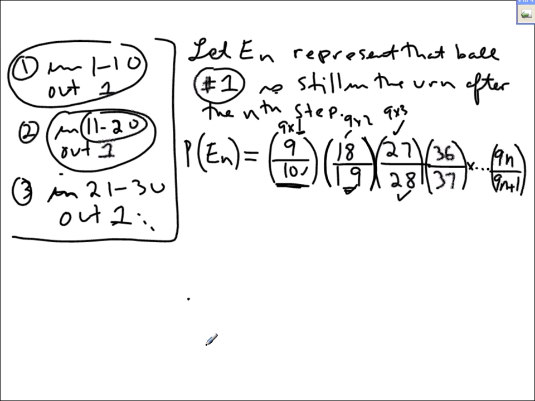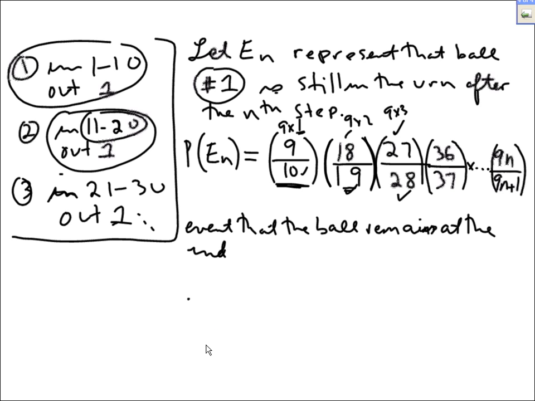Okay, now, what is the probability that the ball remains at the end? The event that the ball remains at the end, with a D, is nothing more than the intersection of the Ei, i goes from 1 to infinity.